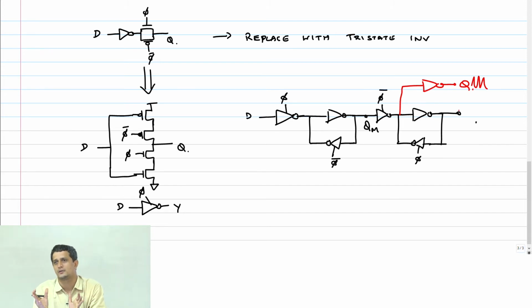I can shield that appropriately. Therefore, any noise on QM is at the output of an inverter as opposed to the input of this inverter here, and therefore the noise will not percolate backwards and affect my functionality. So this is a latch or a flop with isolation.